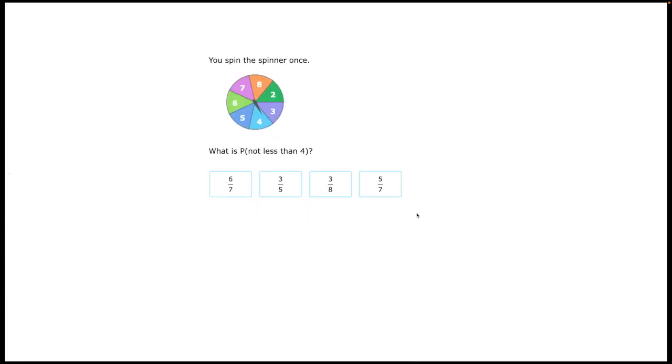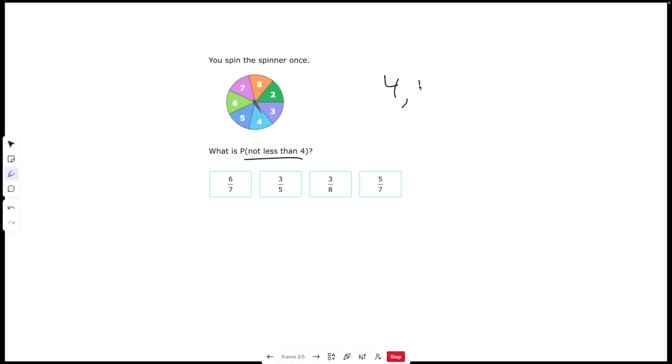For this one, okay, the wording is a little bit confusing here. It says, what is the probability that it is not less than 4? So you have to ask yourself, what numbers are not less than 4? So the numbers that are not less than 4 would be 4 itself. Okay, if you need to think about that for a second, that's a little confusing because 4 is not less than 4. 4 is equal to 4.